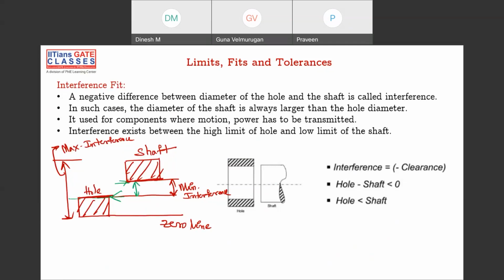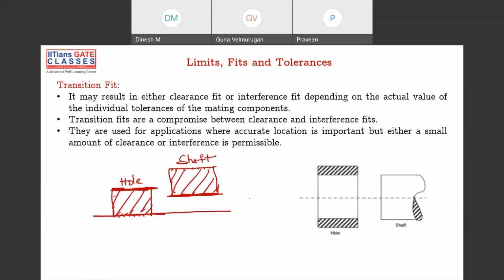Is it clear or not? And this is your maximum interference. Good. Now, next, interference fit is like this.